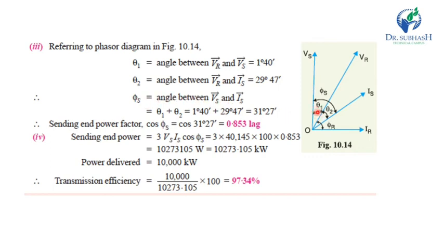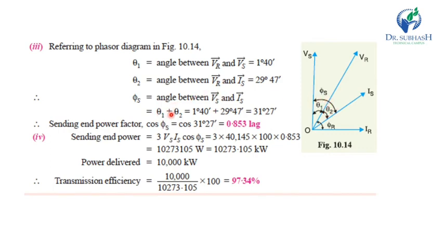So theta 1 is the angle between Vs and Vr, as we see here, and theta 2 is the angle between Vr and Is. So we have an equation of Vs and Vr. From this equation we get the angle between Vr and Vs, which is 1 degree and 40 minute, and the angle between Vr and Is, which is 29 degree and 47 minute. The sum of both angles gives the value of phi s.